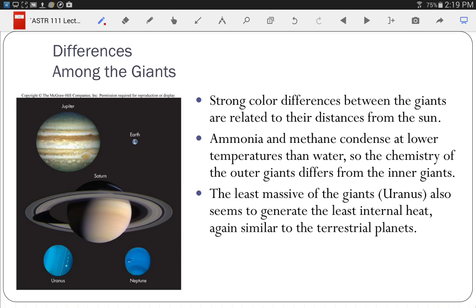The color differences between Jupiter and Saturn and Uranus and Neptune have to do with temperature. As the temperature gets cooler, you have different phases of your materials, ice and liquid, and that is primarily what makes the differences. All of these are largely hydrogen and helium in their atmosphere.